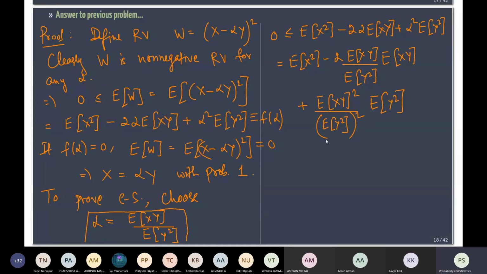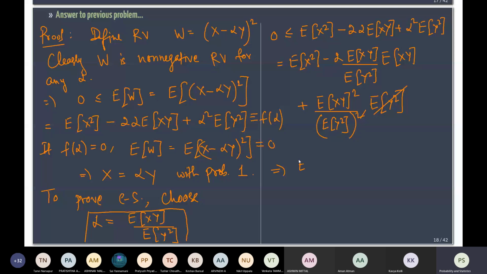Okay, if we simplify this further, what do we get? One expectation of y square gets cancelled here. There is only one expectation of xy square by expectation of y square left.